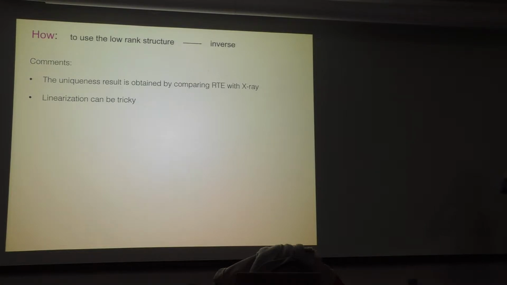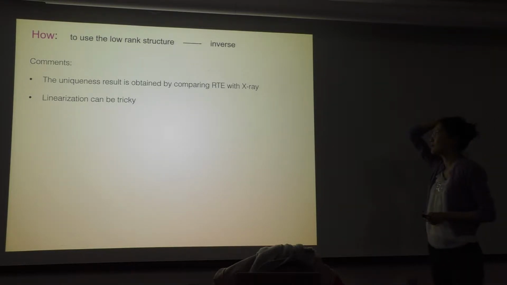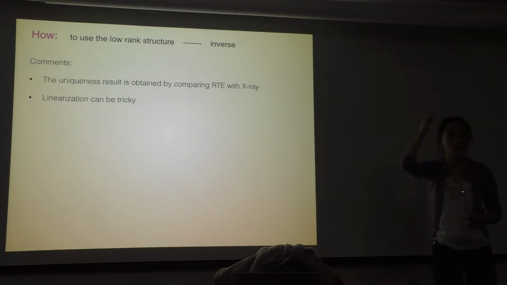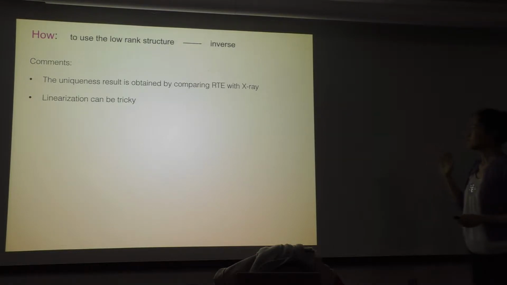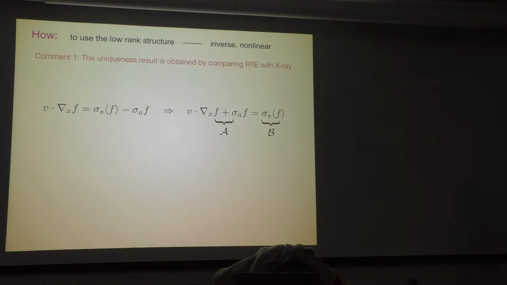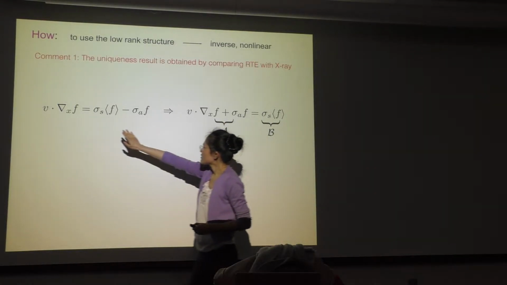So there are two comments that I'd like to mention. Number one is the uniqueness result is obtained by comparing the radiative transfer equation with X-ray. And the linearized setting can be tricky. More specifically, finally I'm writing down the radiative transfer equation.